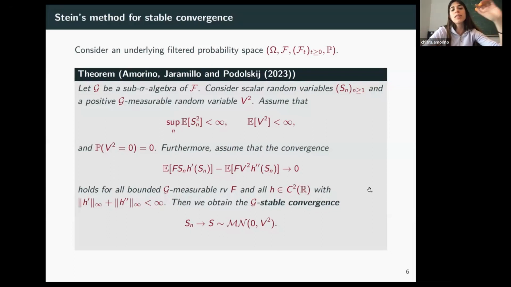But what's important is that you start with something that is in L2, and you already have an idea of what the variance is going to be, because this V squared is going to be the variance. You have to know that this is going to be something in L2. So once you are able to show that this convergence holds true, and this is really the criterion that I was introducing before, then you get the mixed Gaussianity.